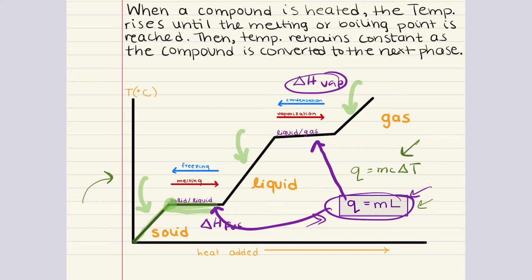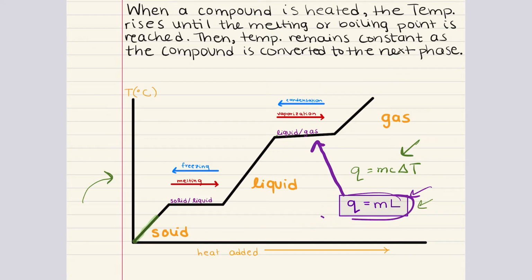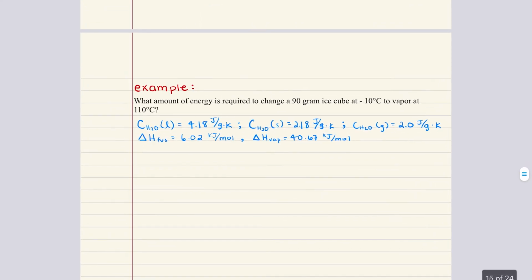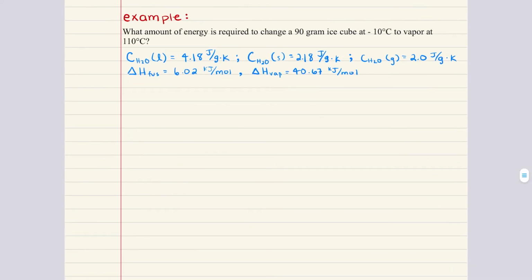And really, the best way to learn how to use heating curves to your advantage for solving problems is to jump into a practice problem now. And that's exactly what we're going to do. Now, this problem says, what amount of energy is required to change a 90-gram ice cube at minus 10 degrees Celsius to vapor at 110 degrees Celsius?